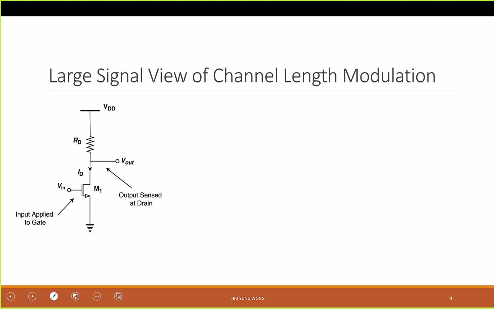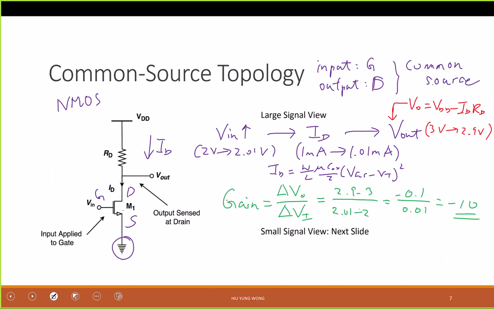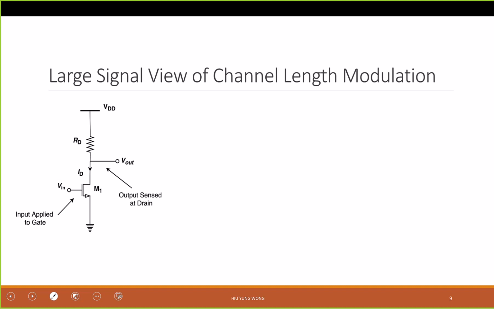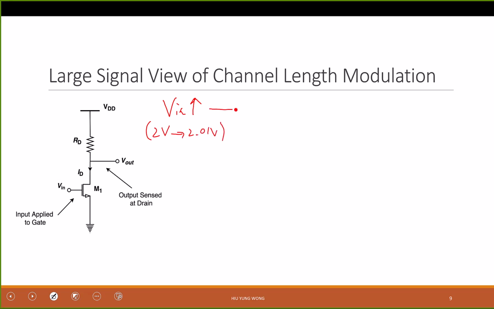Okay. So let's look at channel length modulation. What is the point of channel length modulation? When we were talking about this large signal, we saw that the gain is negative 10. Now you say there's channel length modulation. What exactly happened? Let's repeat what we said before. When V in increases, for example, from 2 volt to 2.01 volt, fine. Then last time you told me that ID is going to increase.